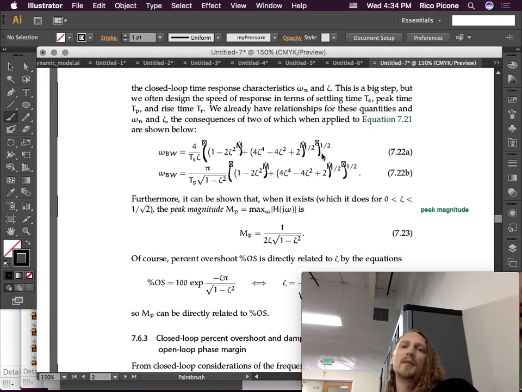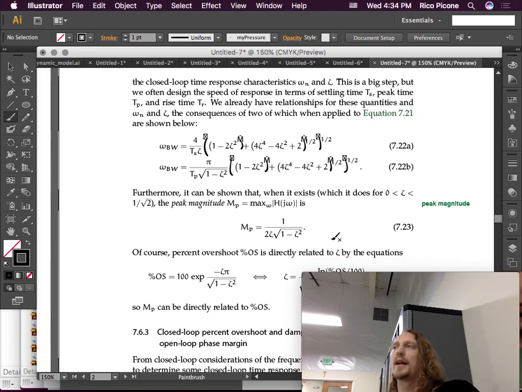Furthermore, it can be shown that when it exists, which it does for zeta between 0 and 1 over root 2, the peak magnitude, MP, which is the max magnitude of the frequency response function, is 1 over 2 zeta times root 1 minus zeta squared.